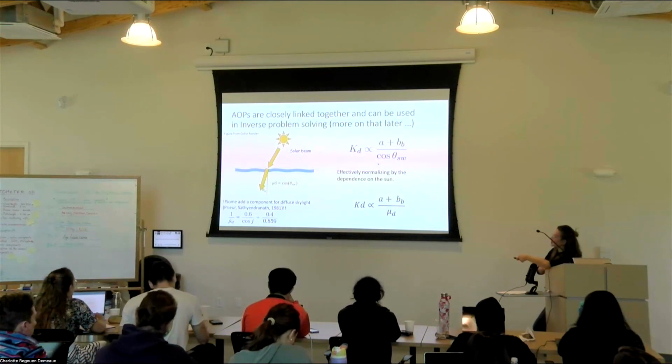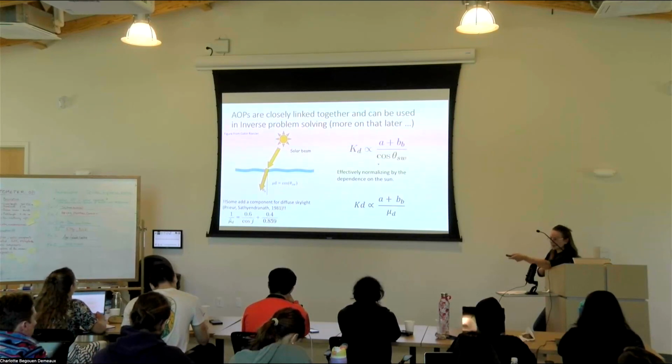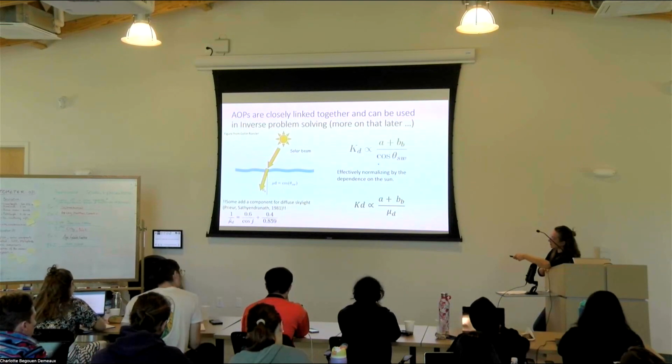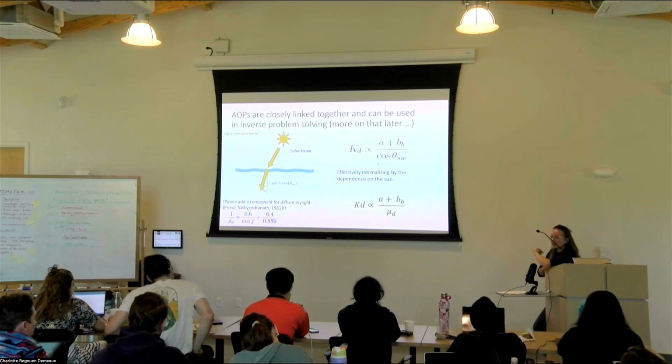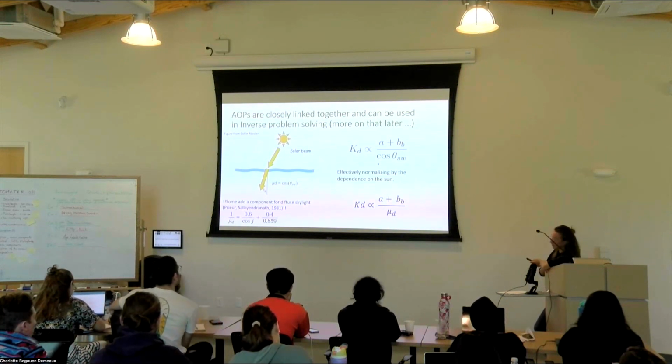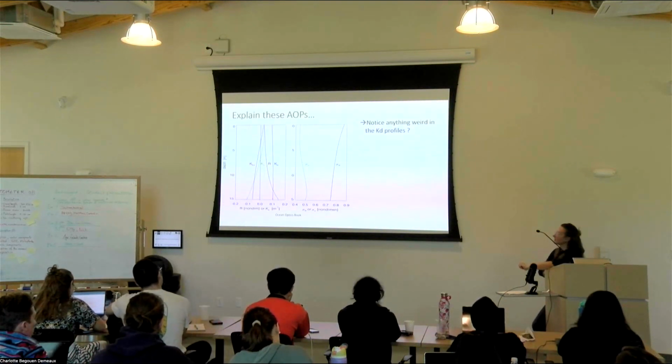It's a little tweak to this formula, but it's important to remember that the incoming light is not just the direct beam from the sun, but also the skylight itself. So that's something you might want to take into account if you're nitpicking a little bit. Yeah, that's it.